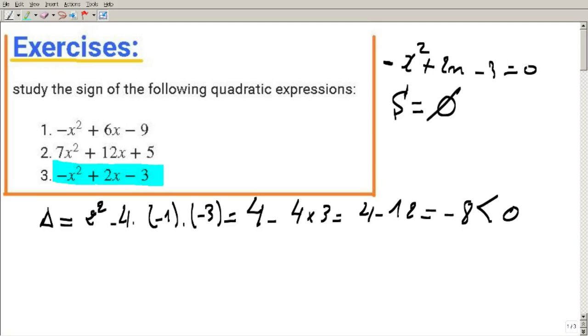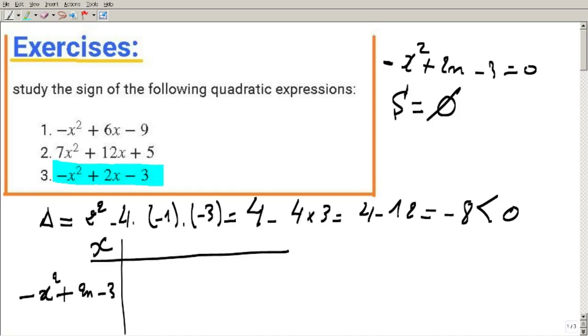So in this case, we put the following table of sign: quadratic expression minus x squared plus 2x minus 3, put here minus infinity, plus infinity, and the sign of the quadratic expression is the sign of a, which is minus 1. The sign of the minus 1.